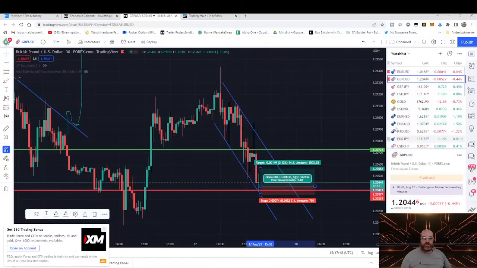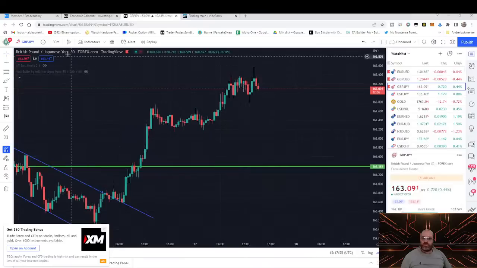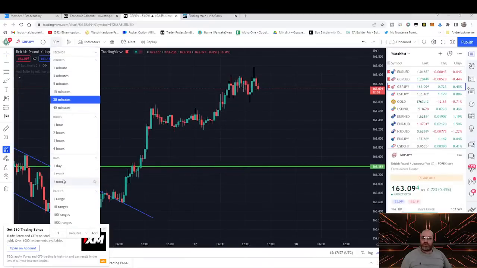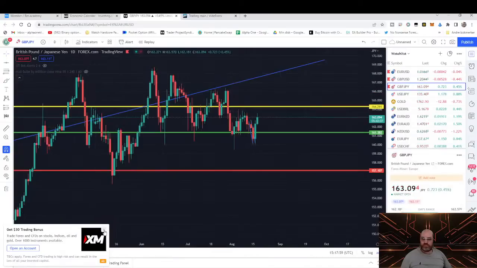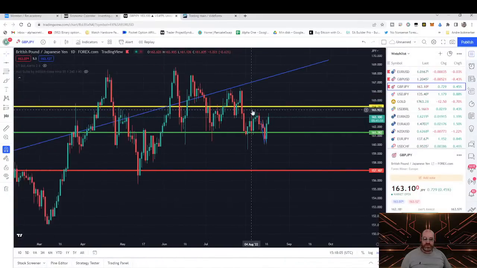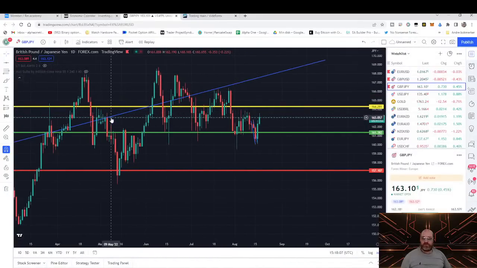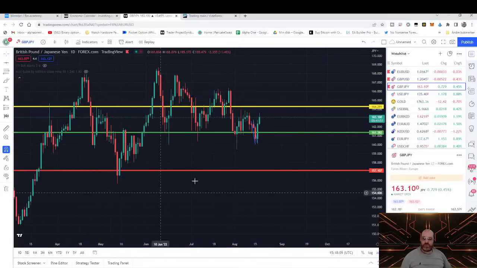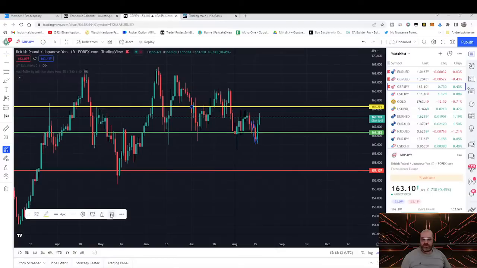We can close that. Then let's take a look at GBP JPY. We take the 1 day. Let me see. Let's remove some of the other lines here. We don't need so many lines.